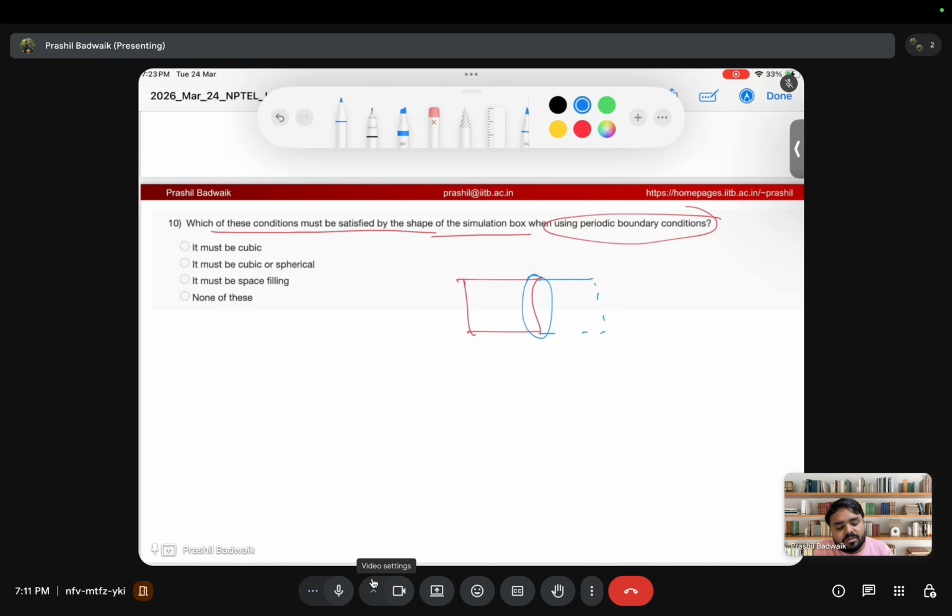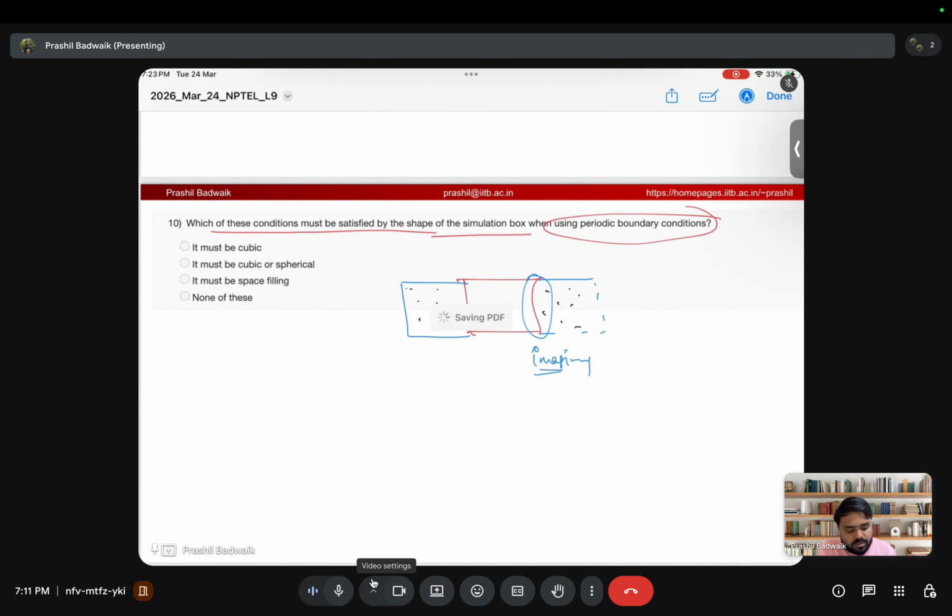So this is an imaginary boundary, where the particle can move from this location to another location and come back, but the same has to happen in all the spaces.